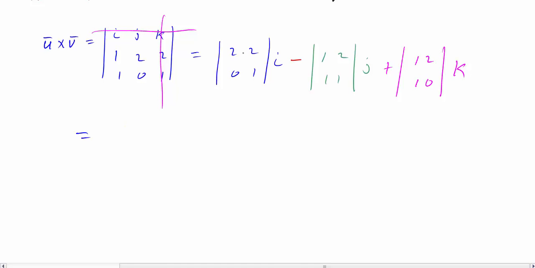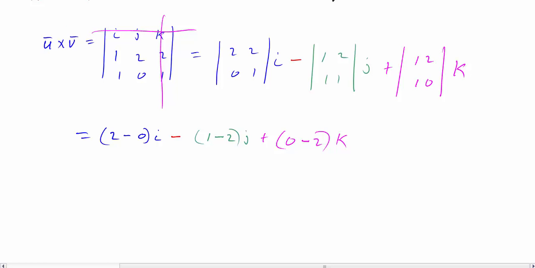So 2 times 1 is 2, minus 0 times 2, so that's minus 0, times i. And then of course this one's minus, 1 times 1 is 1, minus 1 times 2 is 2, and that's multiplied by j. And then we have plus 1 times 0 is 0, minus 1 times 2 is 2, and that's our k.